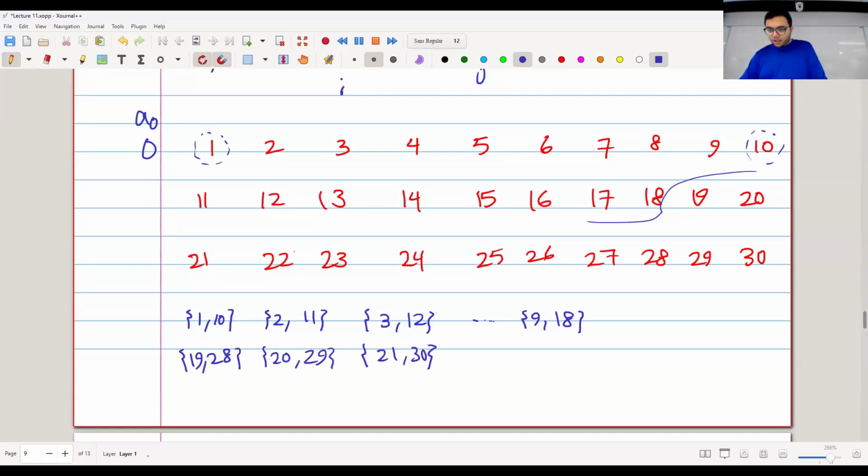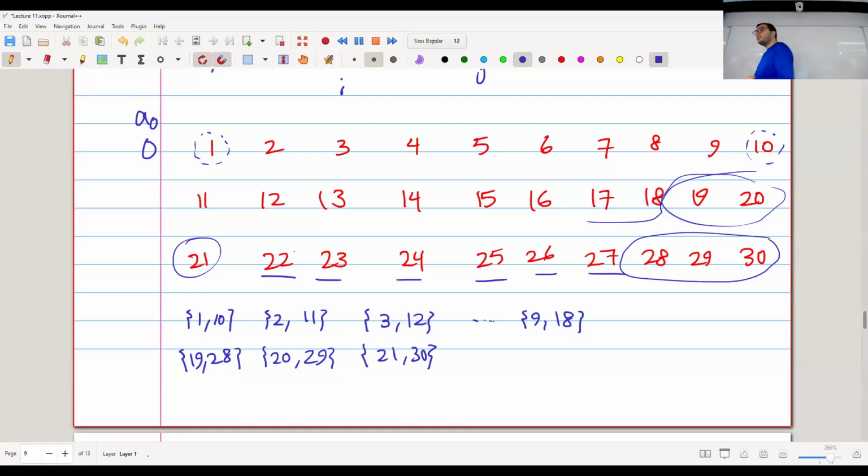So I've now paired up these numbers, and I've also paired up everything from 28 onwards. The only numbers that are not paired are these numbers. So from every pair, I can choose at most one number, and additionally, I have a bunch of unpaired numbers, and I can choose them maybe as well.